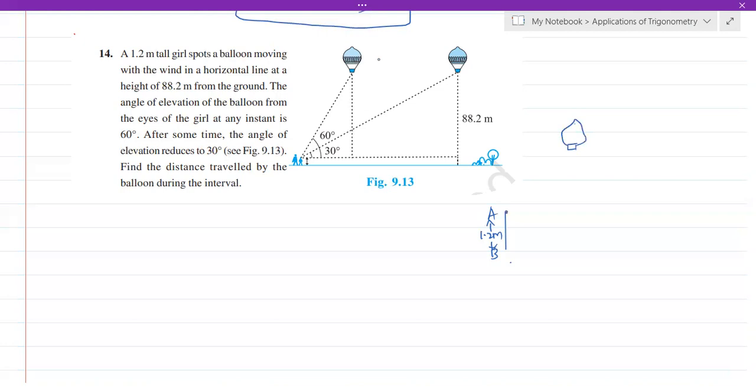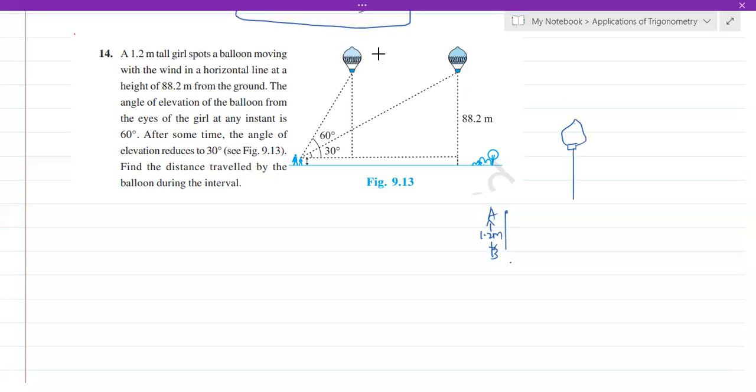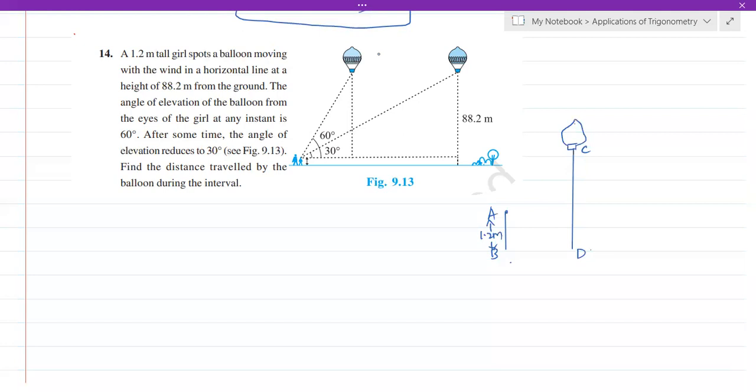Now, we should always draw the horizontal line of sight. Before that, the height of the balloon is given. Let's take CD to be the balloon, and the height of the balloon is 88.2 meter. From here to here, the total length is 88.2 meter.